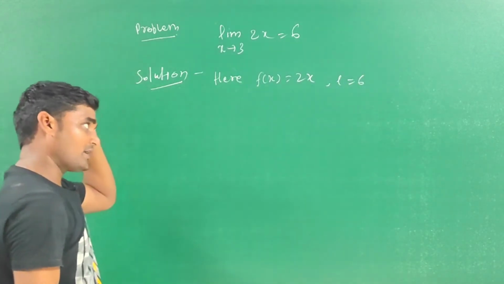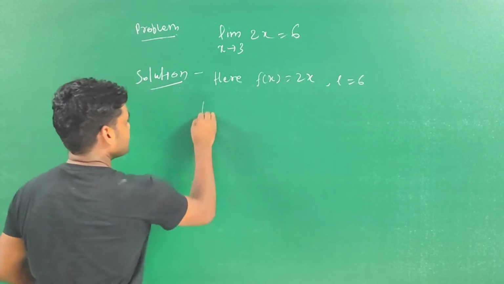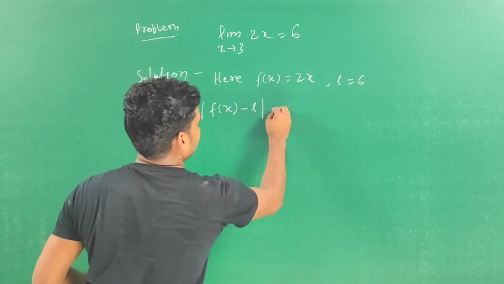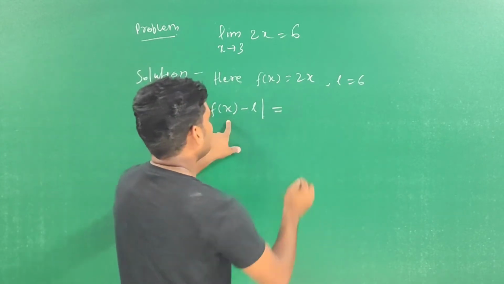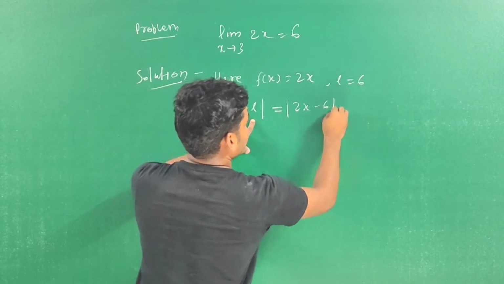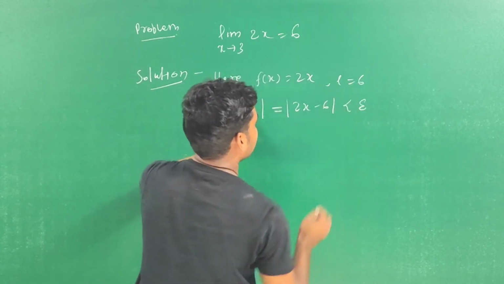Now we write the definition. The definition is modulus of f(x) minus L less than epsilon. That means here f(x) is 2x and L is 6, and this will be less than epsilon.